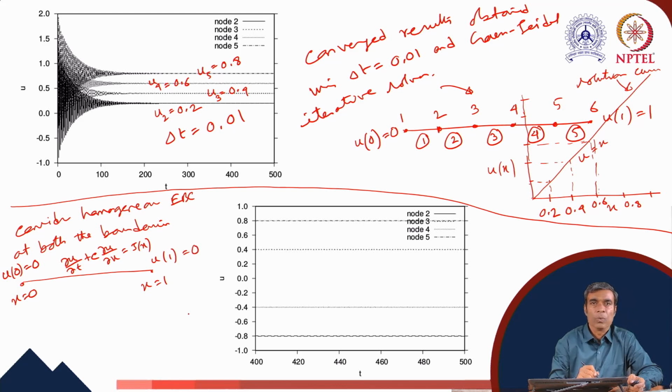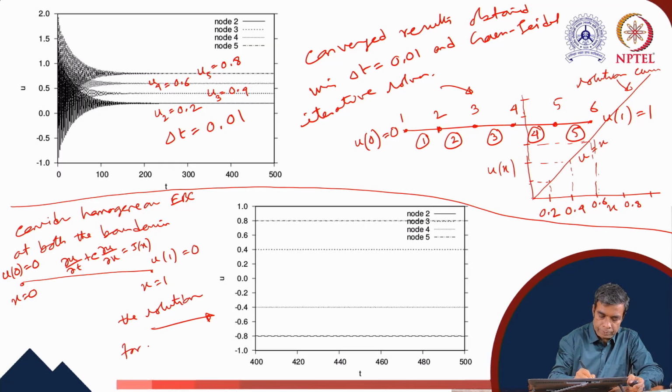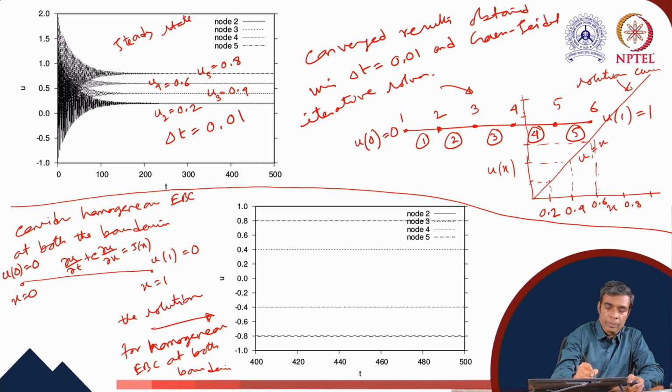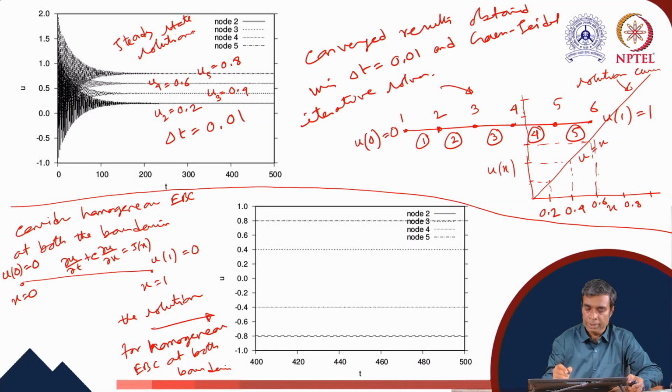So here we have just shown the solution in this picture. So this is the solution for homogeneous EBC at both boundaries. So we see that in both cases we got steady state solutions, or the solutions do not depend on the time level.